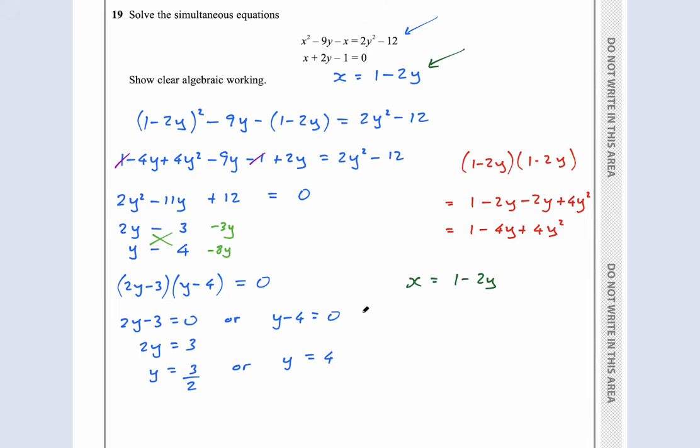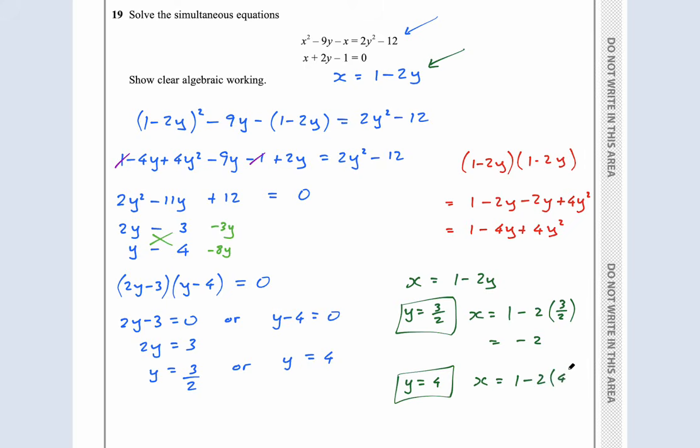When y is 3 over 2, then x equals 1 minus 2 times 3 over 2. Use your calculator here. This is going to be 1 minus 3, which is negative 2. And when y equals 4, this one's a bit easier, x equals 1 minus 2 times 4, which is 1 minus 8, which is negative 7.